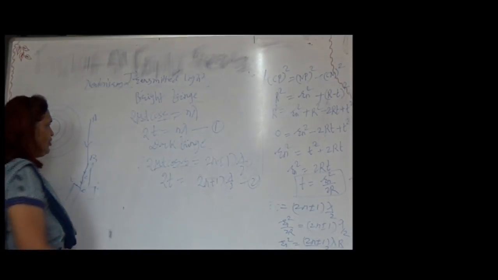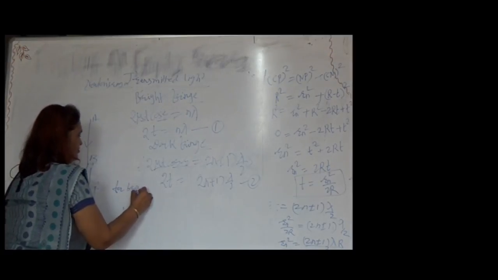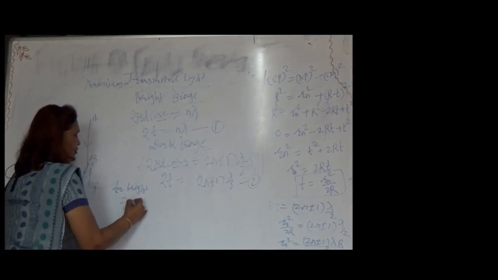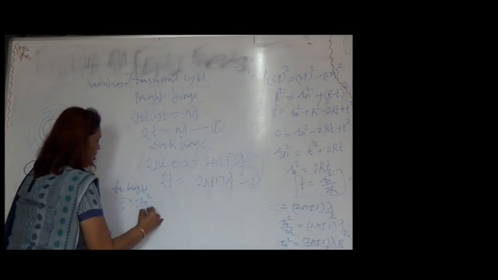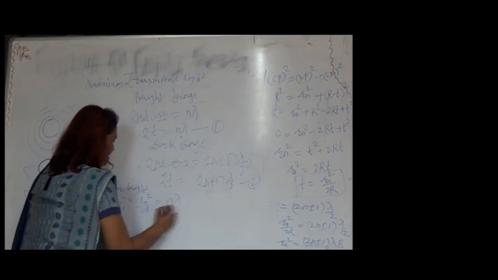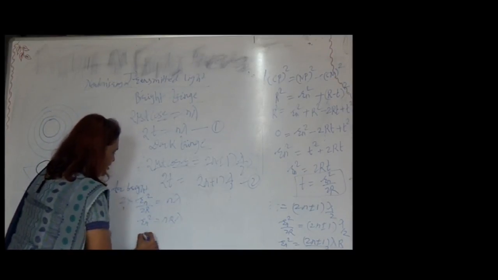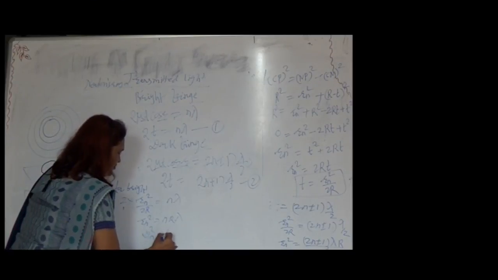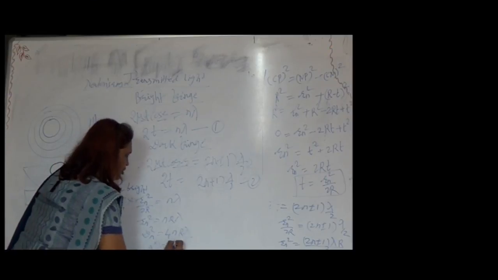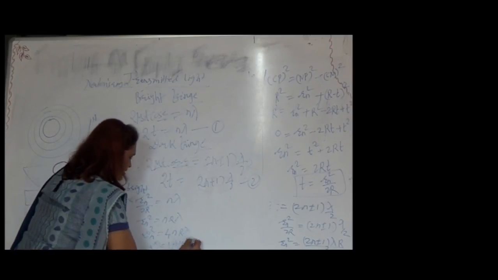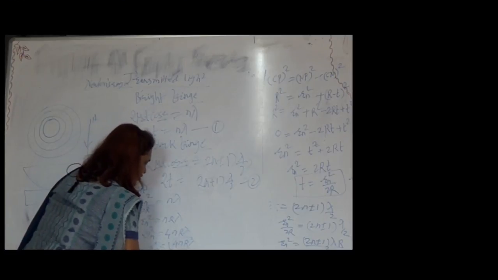So in equation 1, for bright fringes, we get 2 into rn square upon 2r is equal to n lambda. So rn square is equal to nr lambda, and Dn square is equal to 4nr lambda, and then Dn is equal to the square root of 4nr lambda. So Dn is directly proportional to the square root of n.